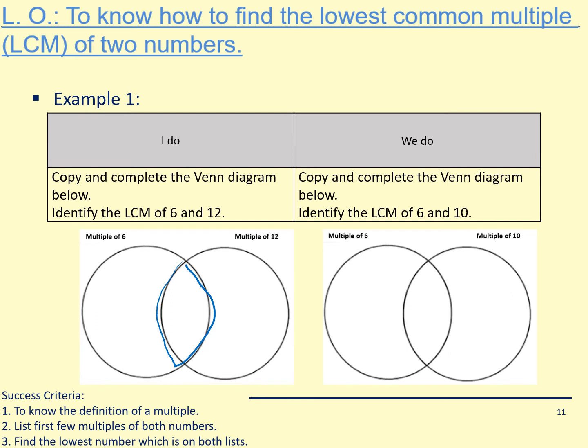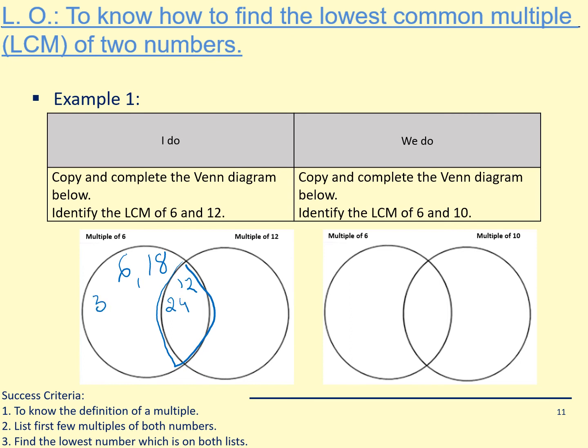So now I'm going to do example 1. I'm going to write down in this Venn diagram multiples of 6 and multiples of 12. So multiples of 6. The second multiple of 6 is 12, so it goes into the intersection. Then the third multiple. Then 24 is also a multiple of 12.